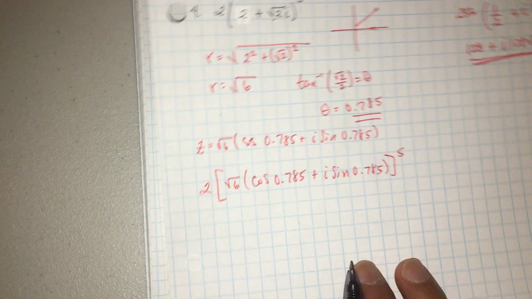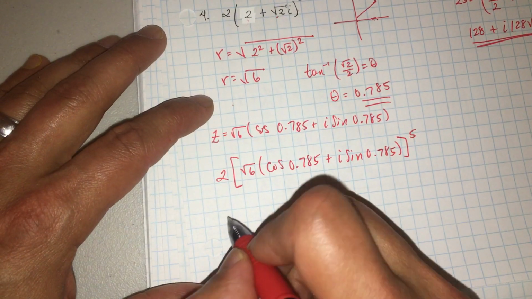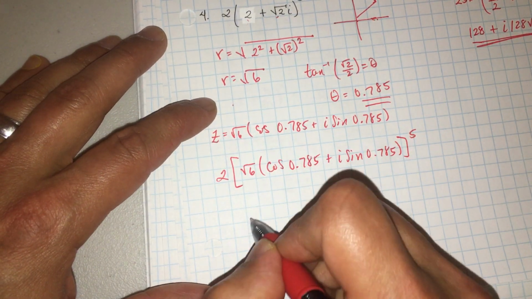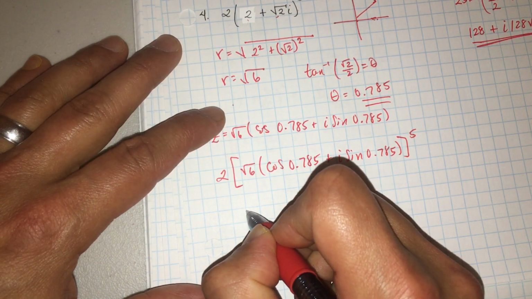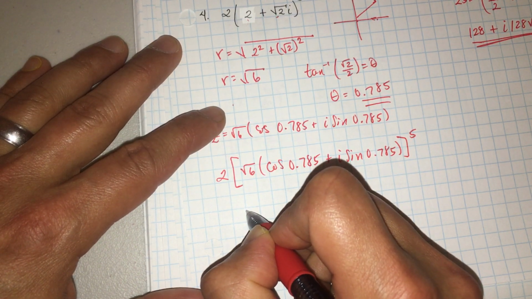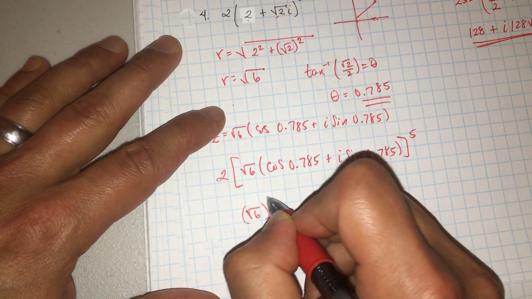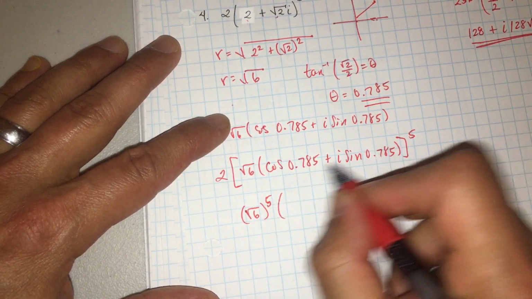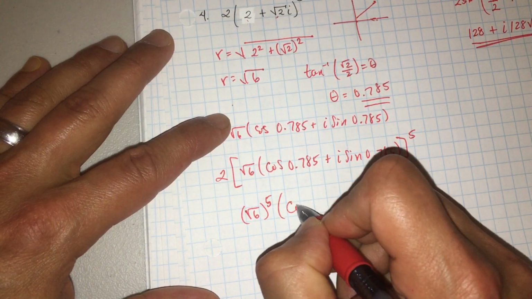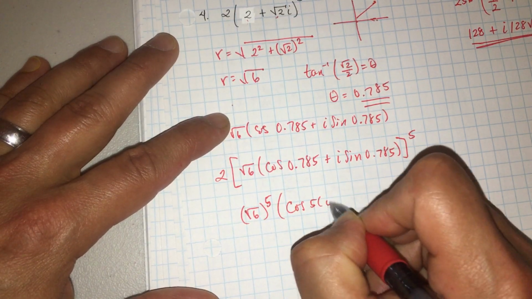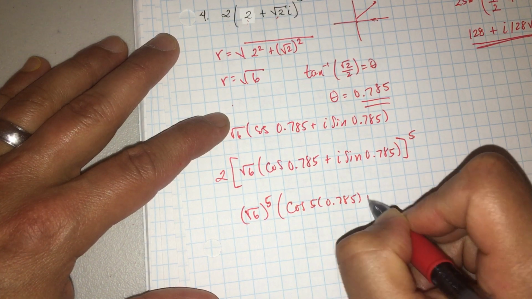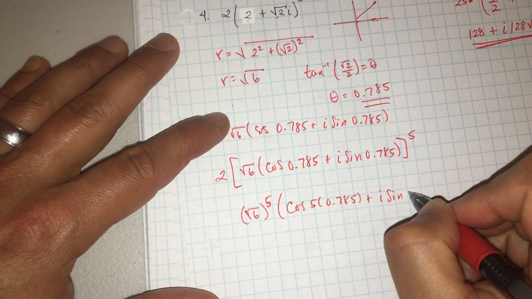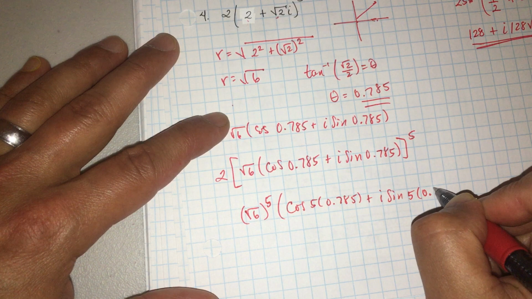All right. So we're going to do square root of 6 to the 5th power, and then this is going to be cosine of 5 times 0.785 plus I sine of 5 times 0.785.